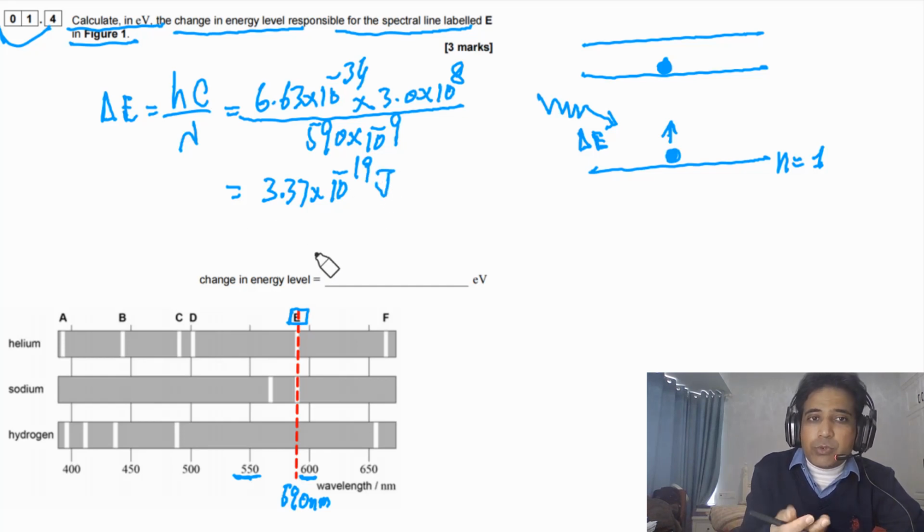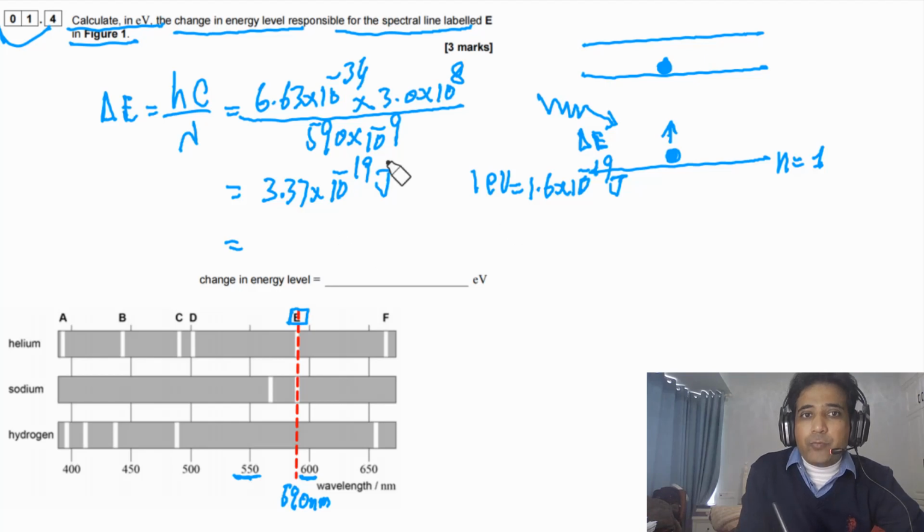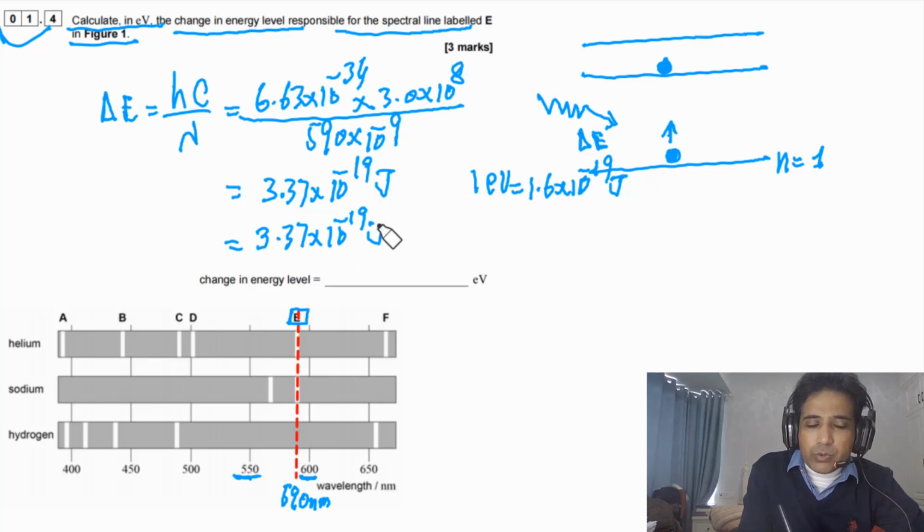This is in joules. We need to convert this into electron volts. We need to understand that 1 electron volt is equal to 1.6 times 10 to the minus 19 joules. So we can write down here 3.37 times 10 to the minus 19 joules multiplied by, and we need to get rid of joules, so joules has to be here.